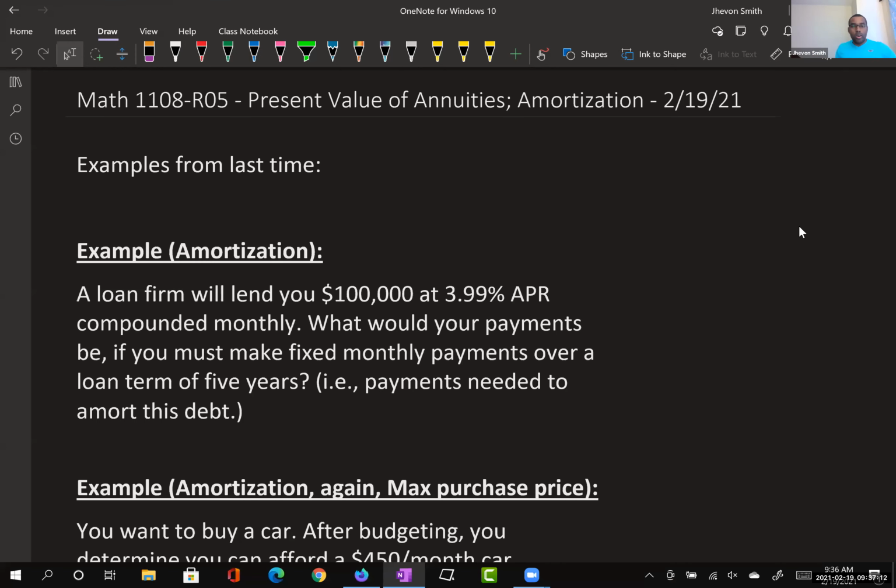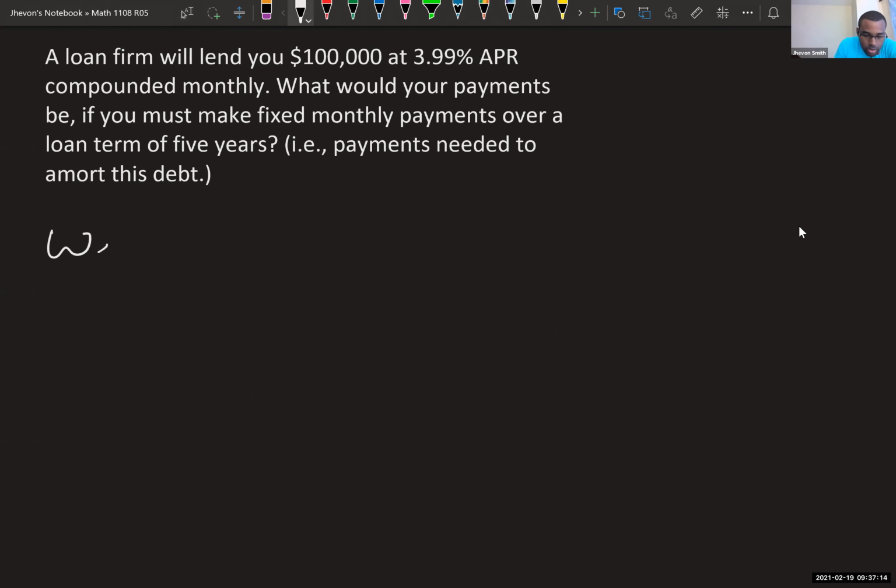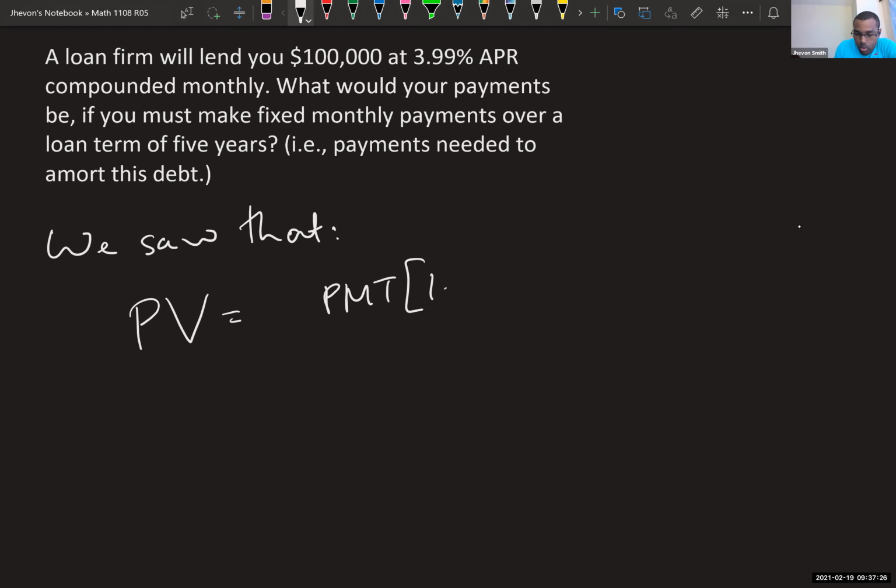So we saw that, and I'll just remind you, this is the version of the formula that we derived at first. It had present value on this side equals payment times (1 minus (1 plus r over n) to the minus nt) over (r over n).